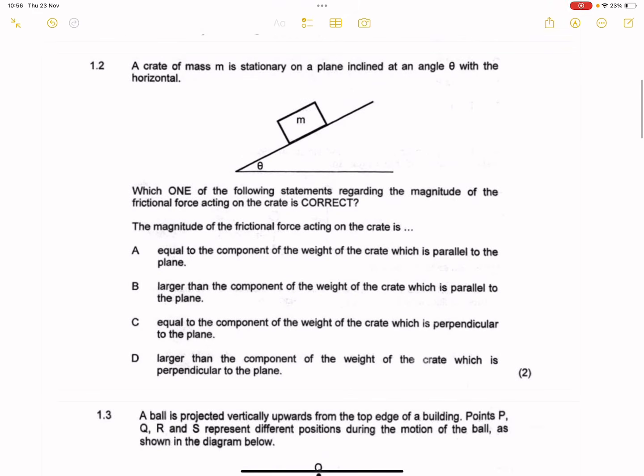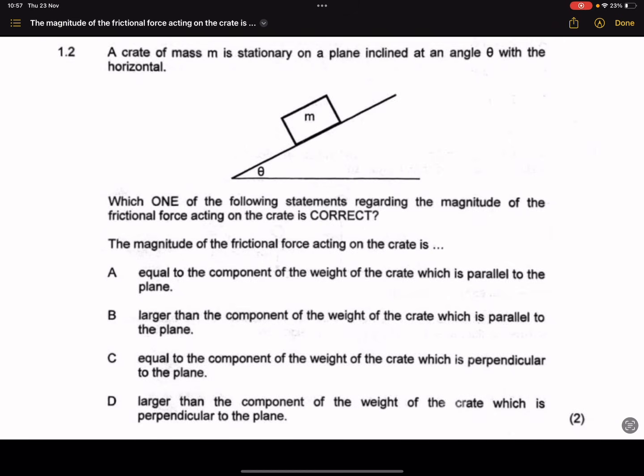Right, and then they say a crate of mass M is stationary on a plane that is inclined at an angle theta with the horizontal. They say which one of the following statements regarding the magnitude of the frictional force acting on the crate is correct.